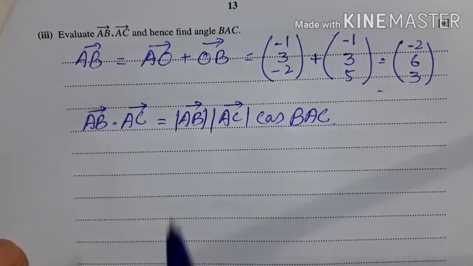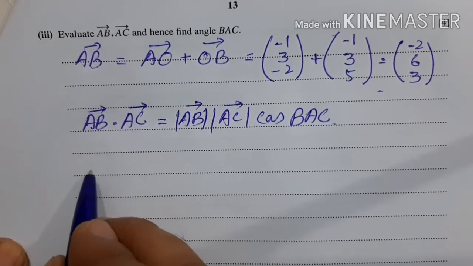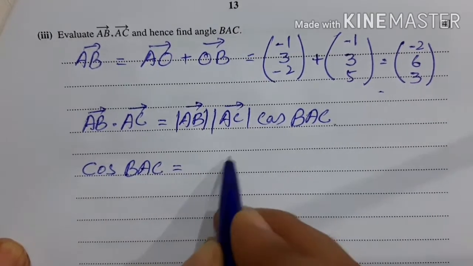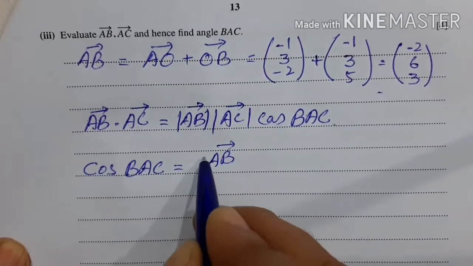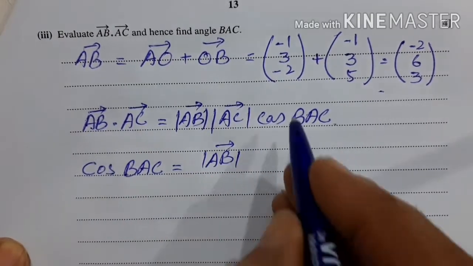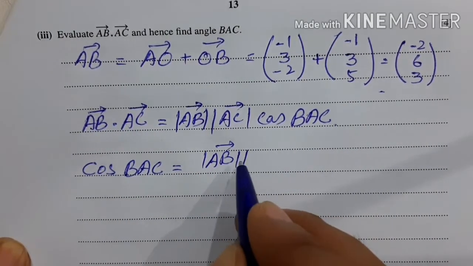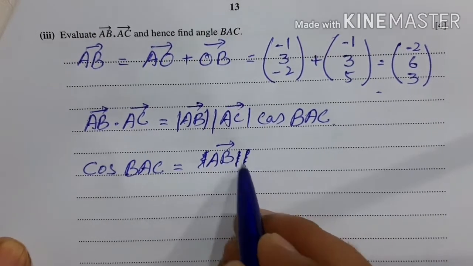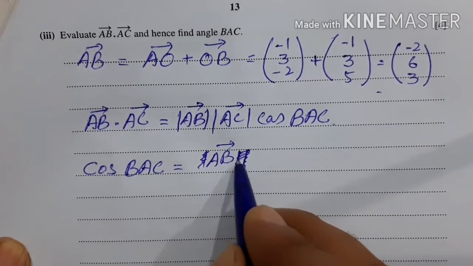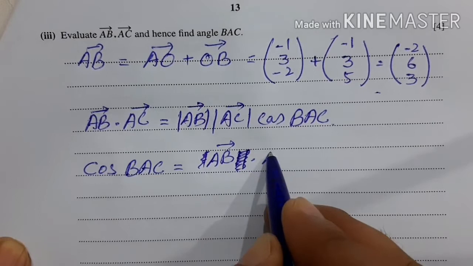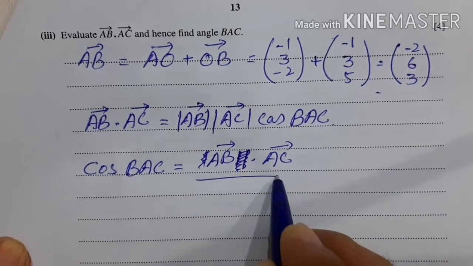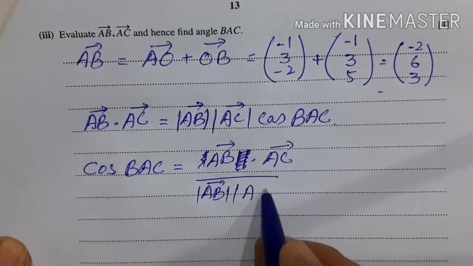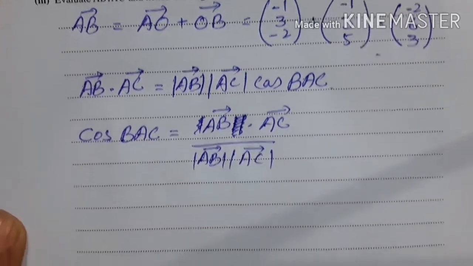So cos BAC is equal to AB dot AC over AB magnitude times AC magnitude.